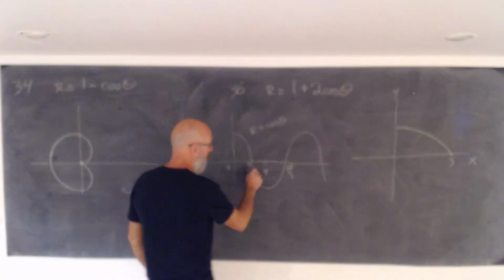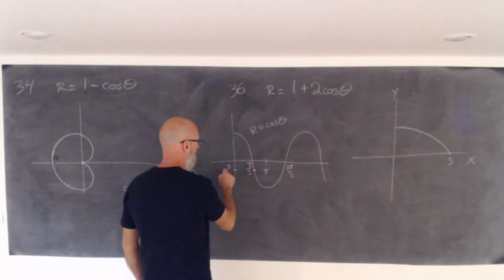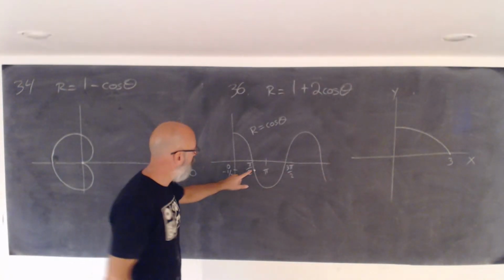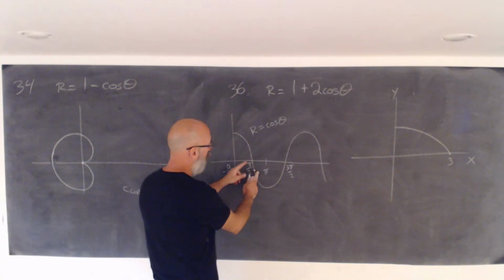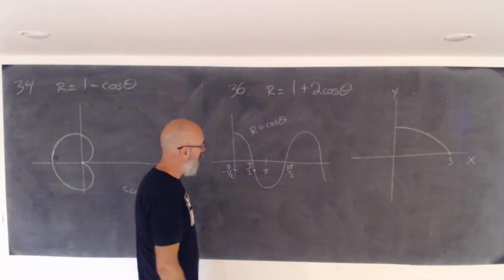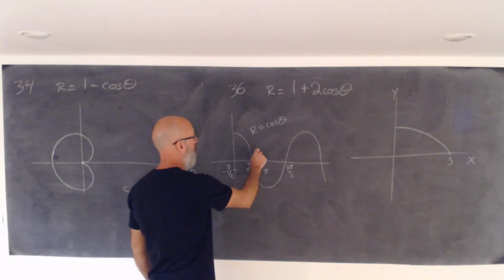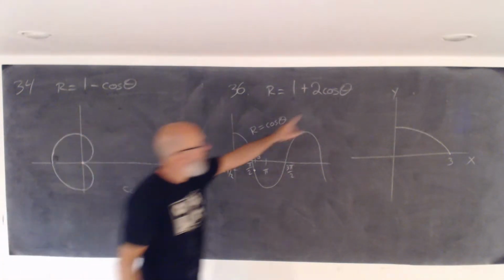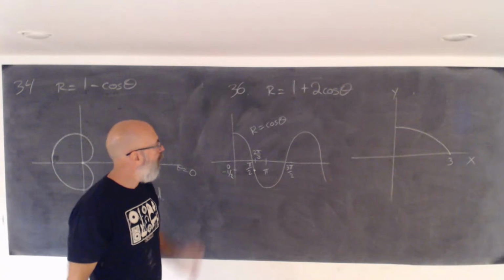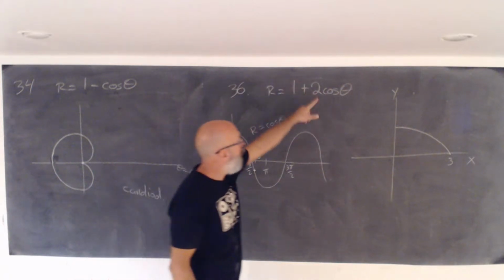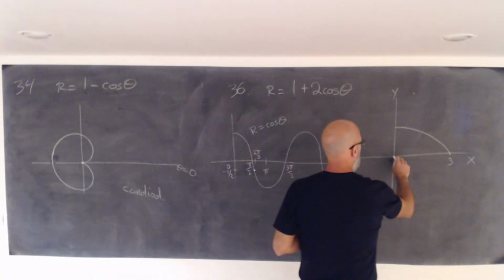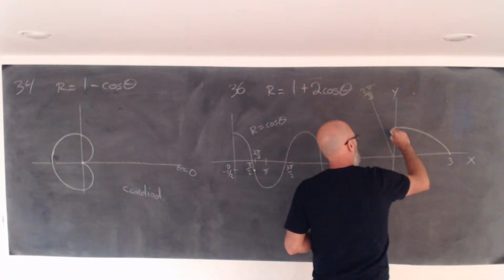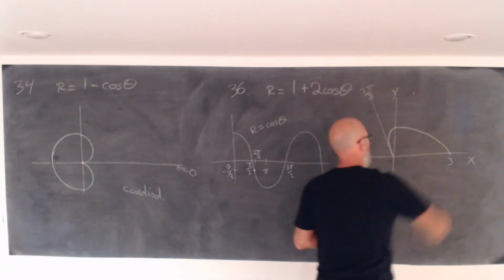When cosine is -1/2, namely at pi over 2 plus pi over 6, so 2 pi over 3, at 2 pi over 3, cosine is -1/2, so this whole thing is 0. So at 2 pi over 3, you are now at 0.